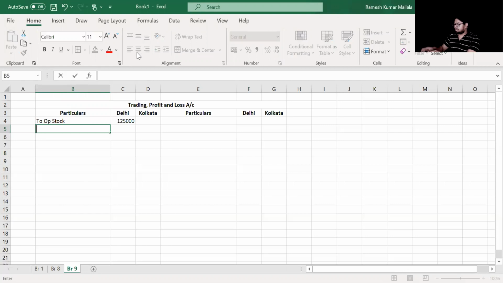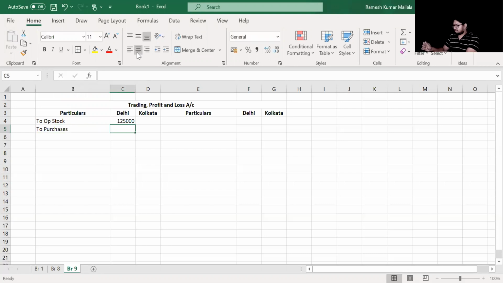Next, to purchases. If you observe, only head office has made purchases, which is also at cost, 21,50,000. Then if you observe, there are goods which are sent to branch. Goods sent to branch, cost to head office plus 80%, 7,38,000.